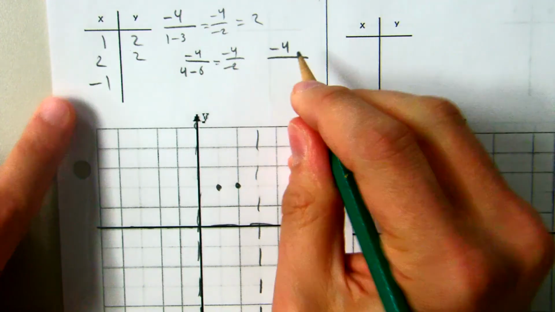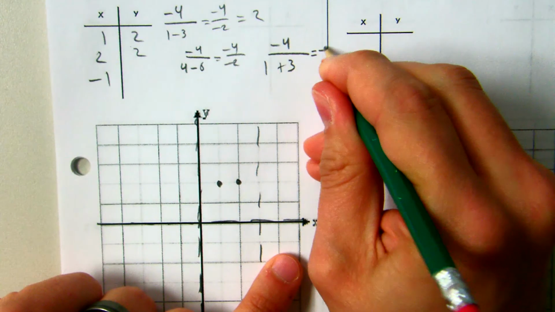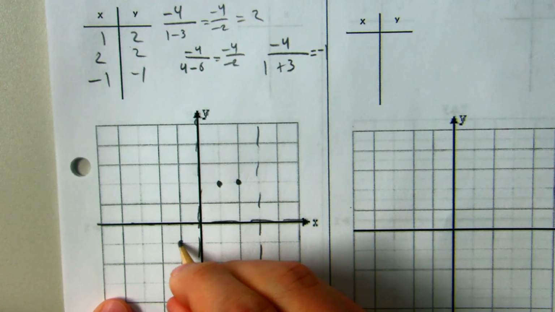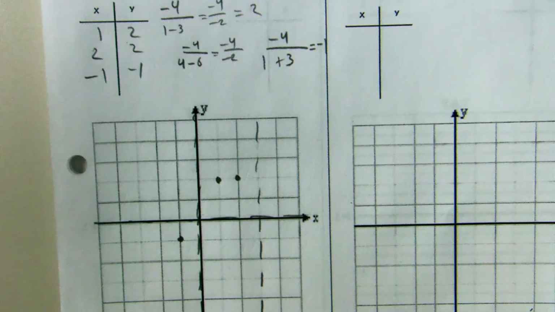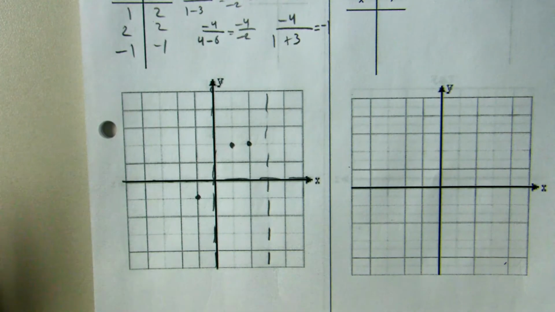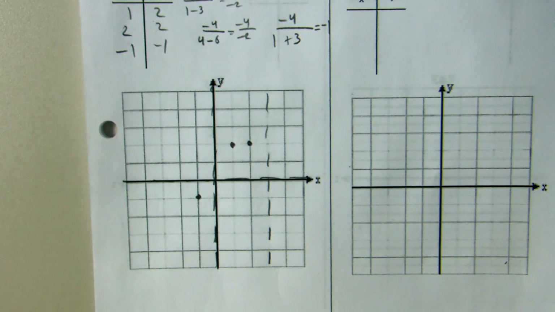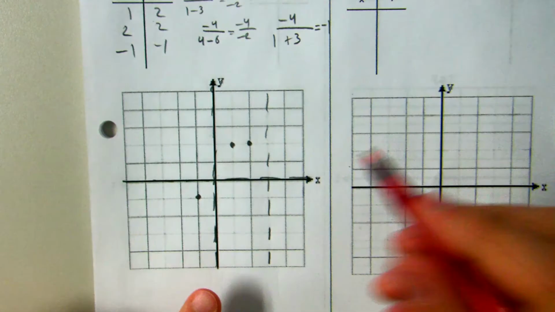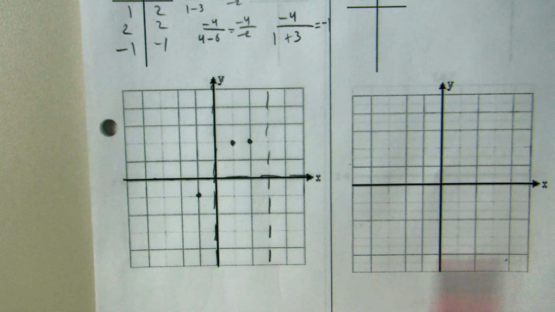It's -4 over 1 plus 3, which would be -1. Okay, maybe you could pick some points in it. Doesn't matter. Maybe you want to pick more points to feel more confident about your graph. That's great too. But at some point, if you know how to respond to these asymptotes, you should be ready to start to sketch again.